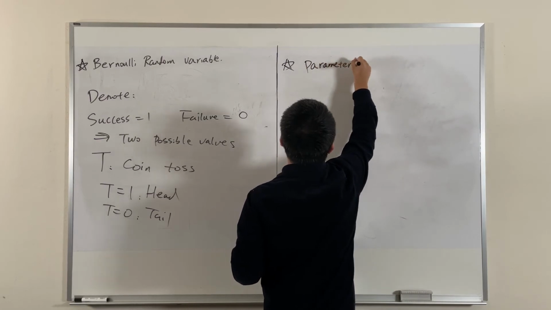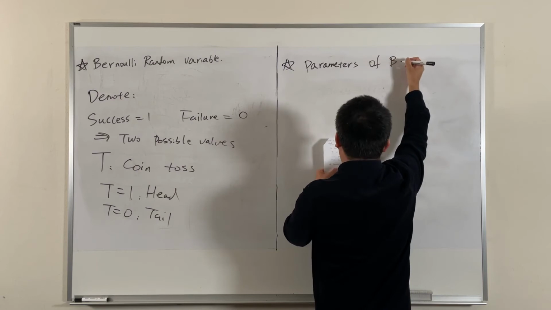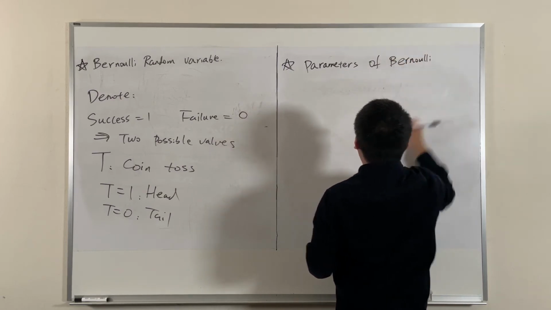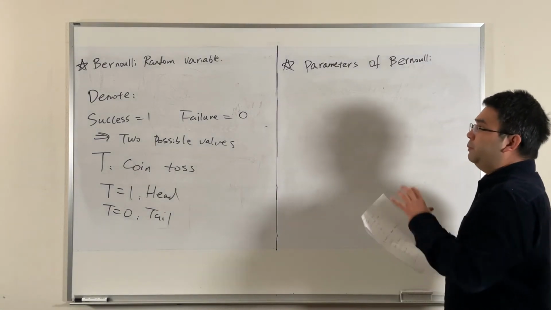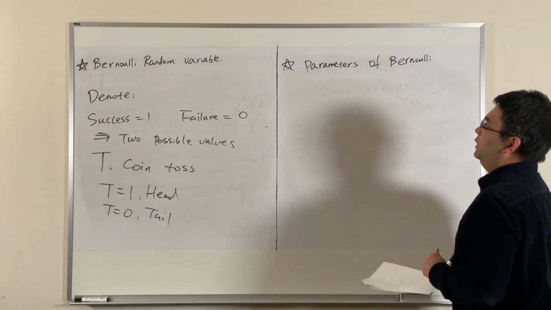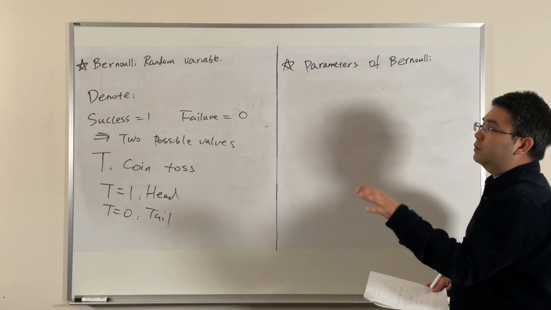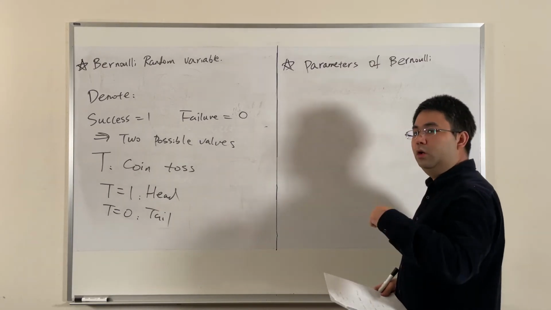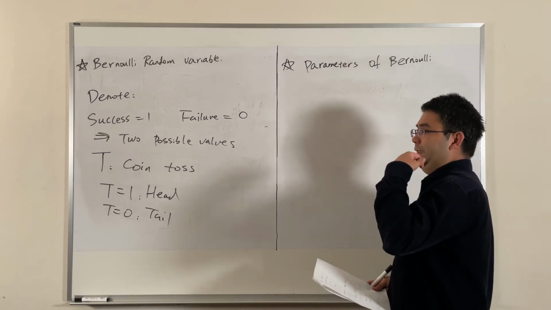Parameters of the Bernoulli random variable. Before we list out the parameters, one thing I do want to mention is that when we talk about the Bernoulli random variable, we're talking about only one trial. We toss the coin once, we get the outcome once.